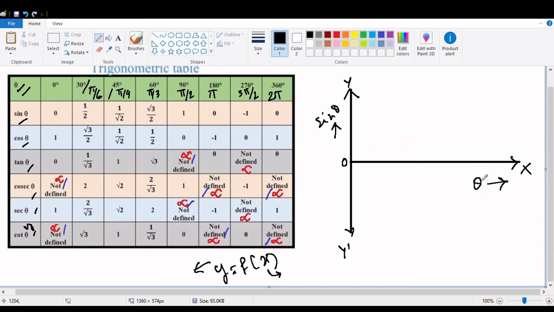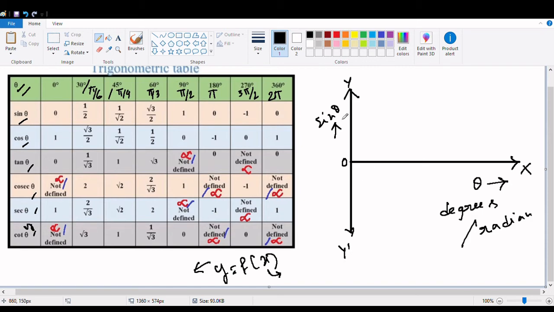Okay, and theta we will plot in degrees or in radians. Radian means what? 30 degree equals pi by 6 radian, 45 degree equals pi by 4 radian, like that. 60 degree equals pi by 3 and 90 equals pi by 2.